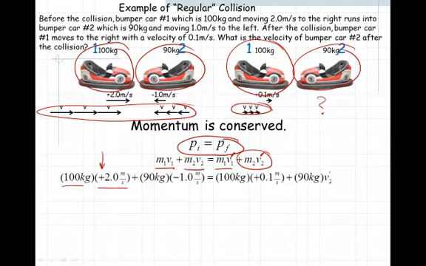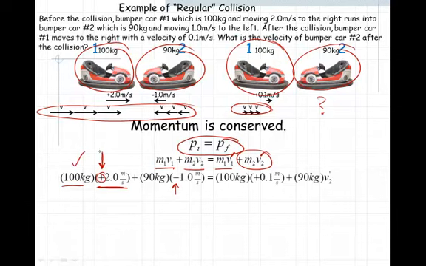So for our momentums, it's important to include the directions. Bumper car number 1 is going to the right at 2 meters per second, so that's why we include that positive sign. Bumper car number 2 before the collision is going in the opposite direction, or to the left, so we're going to include a negative sign for it.